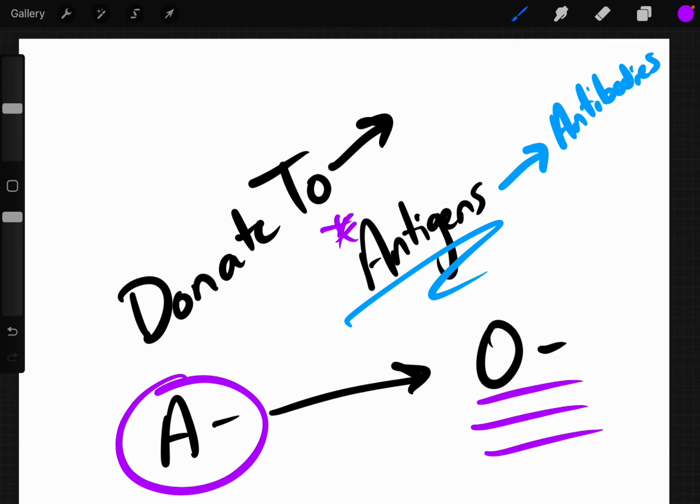Always look from antigens to antibodies, whether we're doing donate to or receive from. Either way, we compare antigens to antibodies.